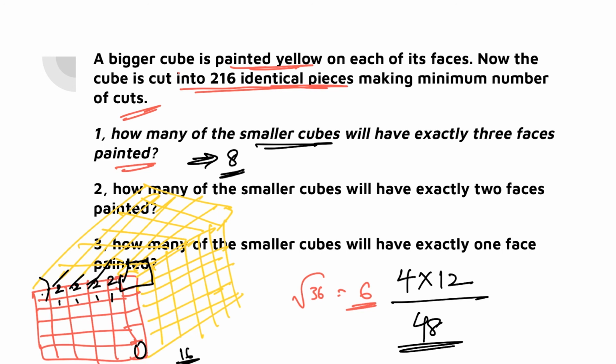So in one face, 16 cubes will have 1 face painted. So totally it has 6 faces. 16 into 6 is equal to 96. So 96 cubes will have exactly 1 face painted.